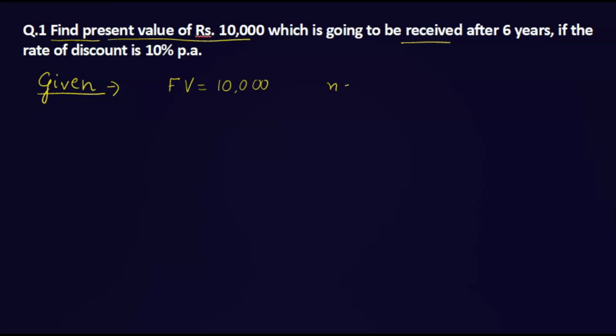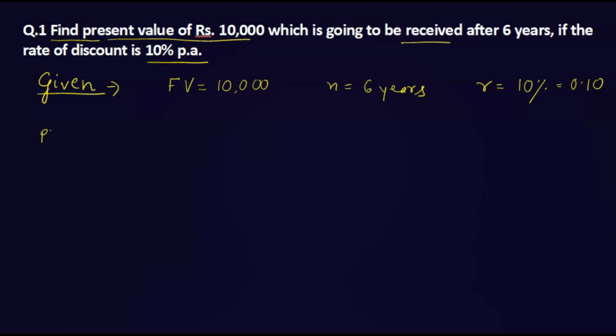That means n is also given, n is 6 years, and the discount rate r is 10% per annum, so that is 0.10. In present value methods also we need only three things: future value, n and r. So we have noted these three things down.